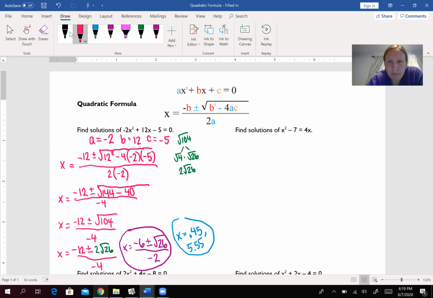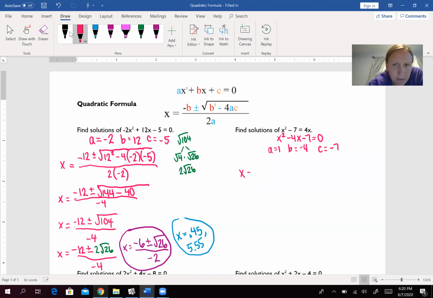Okay, in our next example, we do not have it equal to 0. So we're going to subtract 4x from both sides to move it over, which gives us x squared minus 4x minus 7 equals 0. So now we have a equal to, remember there's an invisible 1 there, so a equals 1, b equals -4, and c equals -7.